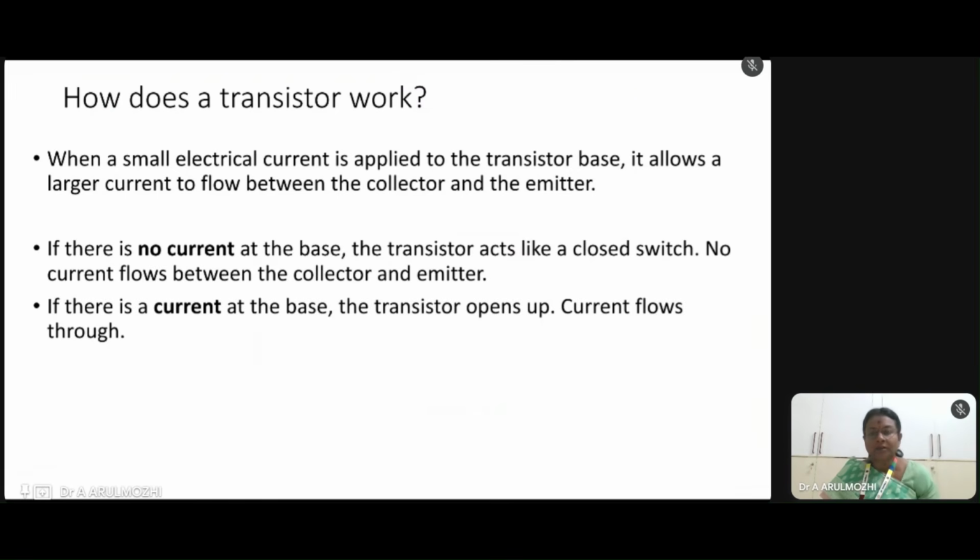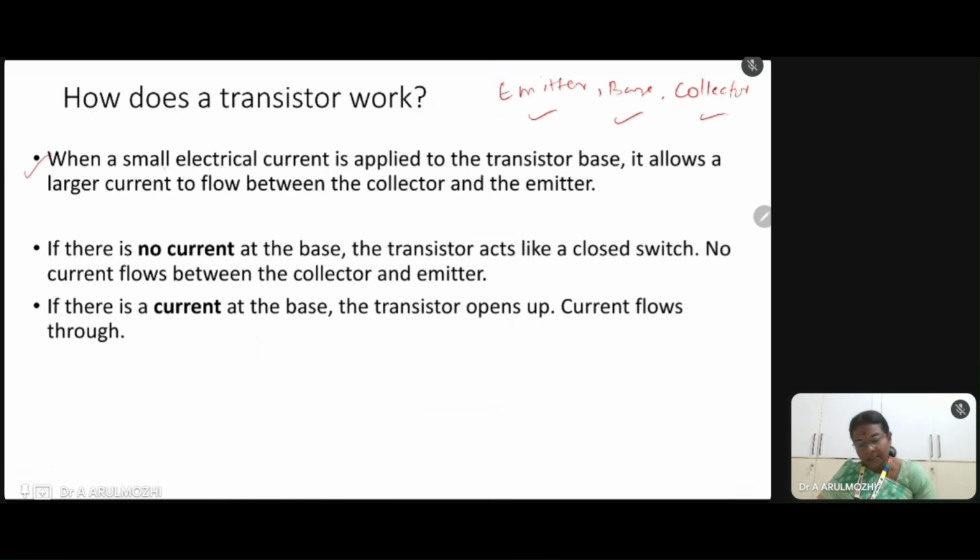Next, we will see how a transistor works. As you know, transistors consist of three main regions: the emitter, base, and the collector. Here, with the help of the base, we are going to see how it acts as a switching device.